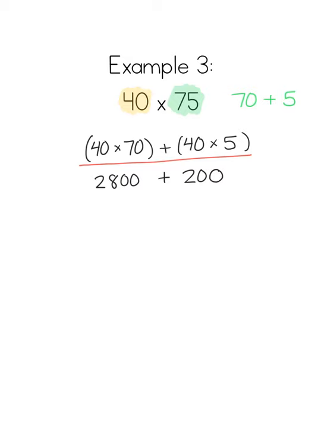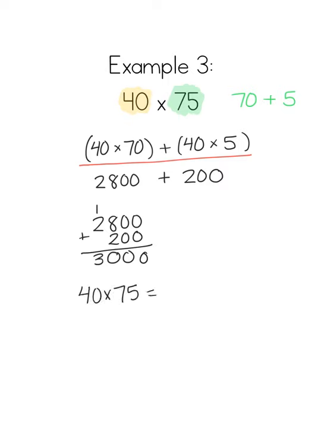So that means that it's 200. My last step is to add them together, 2,800 plus 200. 8 plus 2 is 10. I know the 0 will go in the hundreds place, and I have to carry the 1. So my final answer is that 40 times 75 equals 3,000.